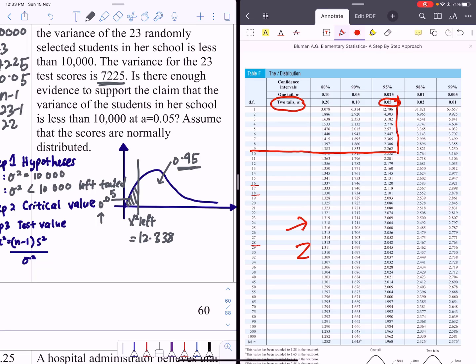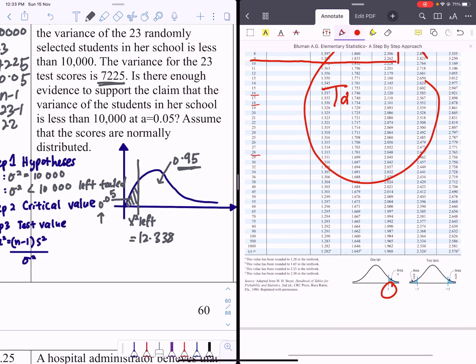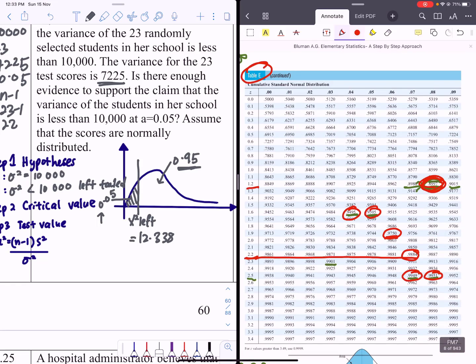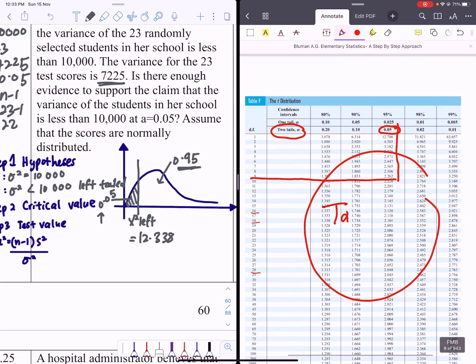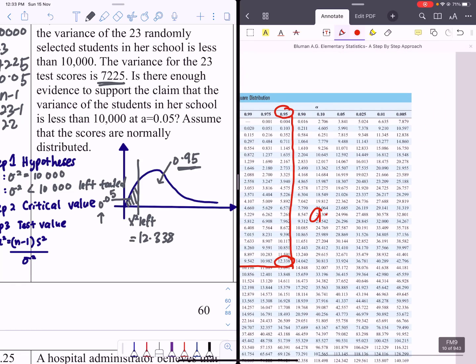Dalam ni adalah Z, bukan Z, ni T. Ni T dekat sini, ni T score ni. Okay, yang kat dalam ni untuk kawasan ni. Tapi yang atas ni, yang ini dalam ni adalah area. Dia berbeza. Dalam ni dia area untuk table E. Yang ini dalam ni adalah untuk garis X axis. Yang dalam ni juga adalah untuk X axis.